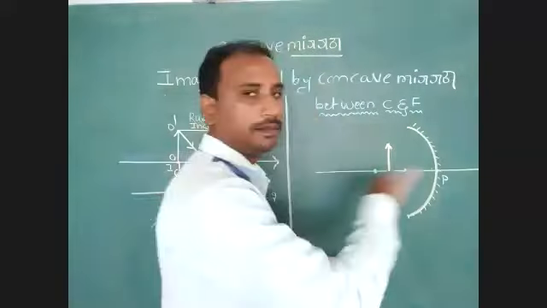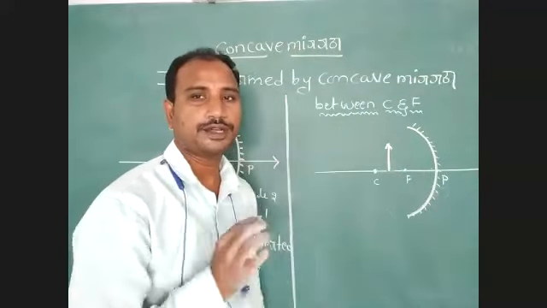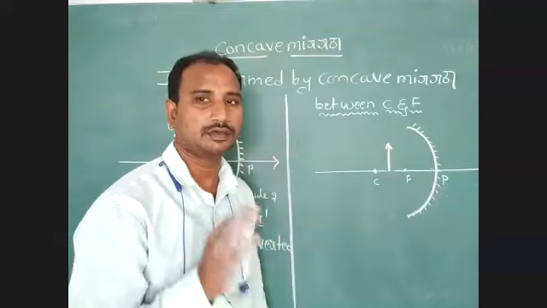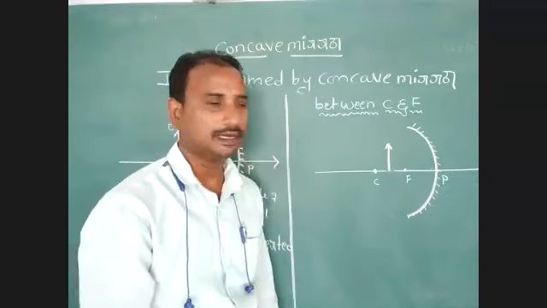This is perpendicular to the principal axis. It is a point source of light. How many marginal rays do we require? Two marginal incident rays.